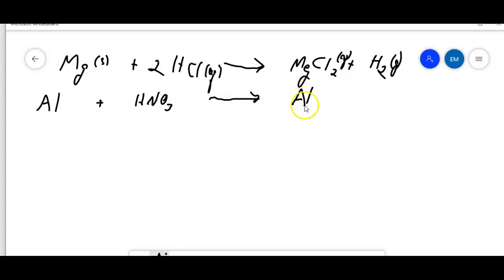And what's aluminum nitrate going to look like? Okay, well, nitrate itself is a -1. Aluminum is +3, so you're going to end up with this. See how that's going to work. And there's going to be hydrogen gas.